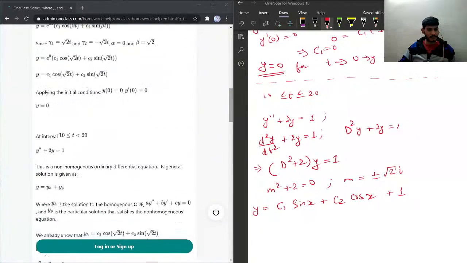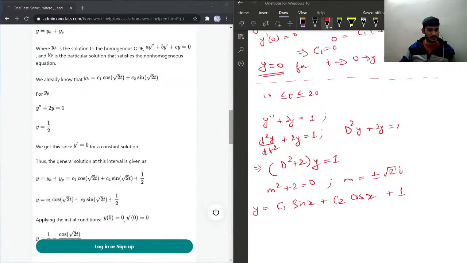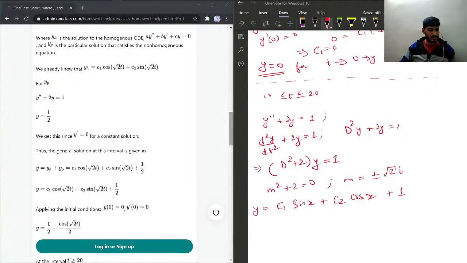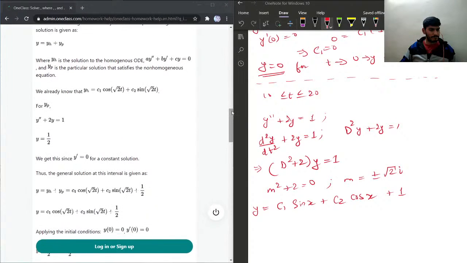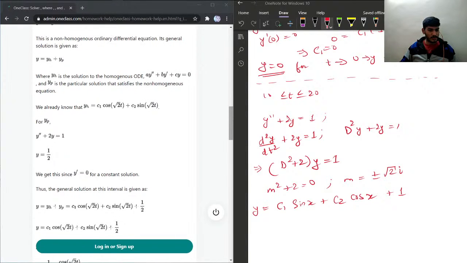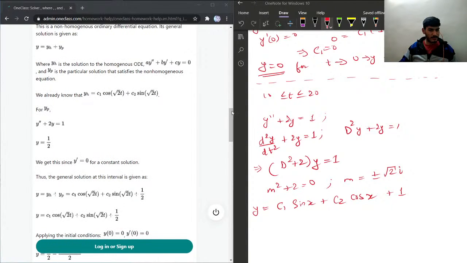I'll just check their solution. Okay, so here they have taken 1 over 2.